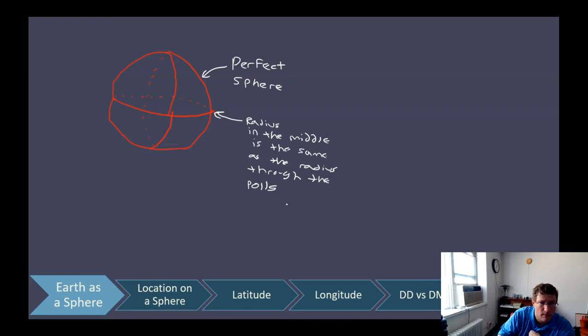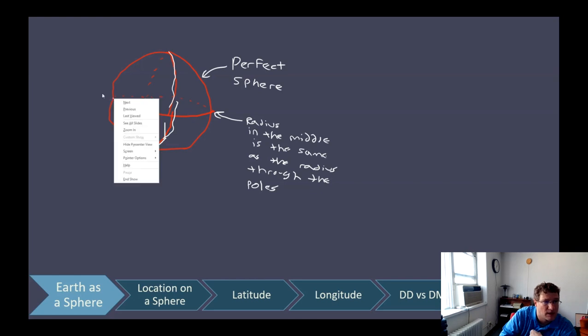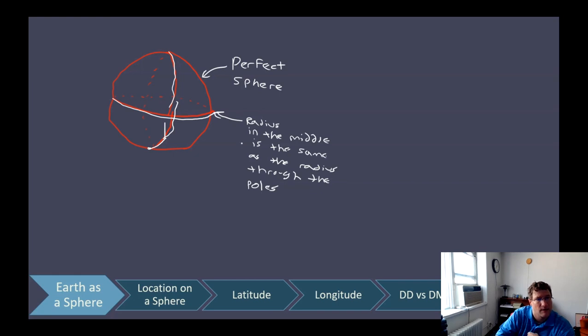If we were to take a measurement from here, going along this line to here, we would get the same distance as if we took a measurement from here along this line to here. That's what we mean when we say the Earth is a perfect sphere.